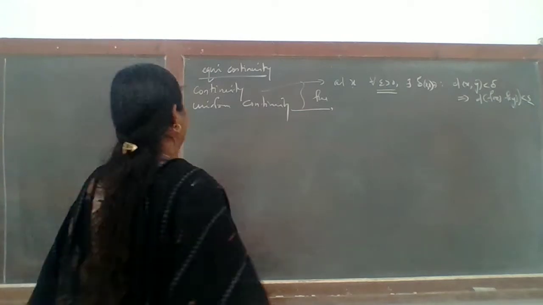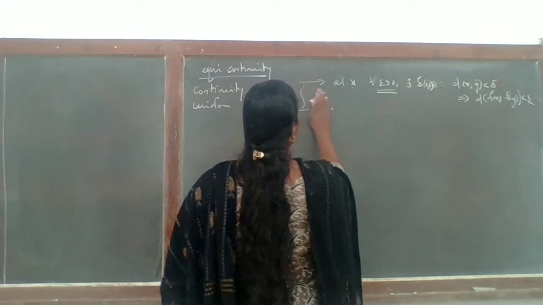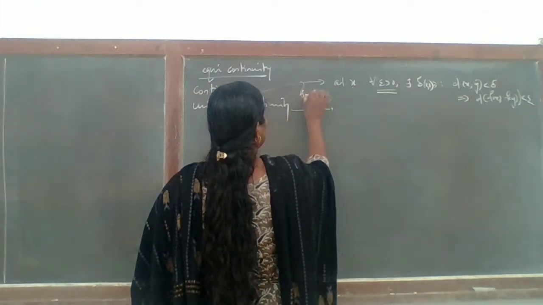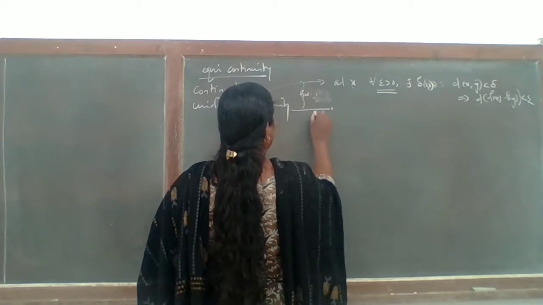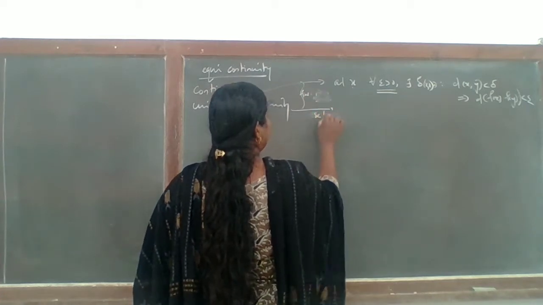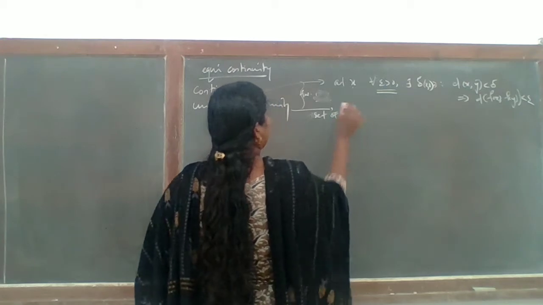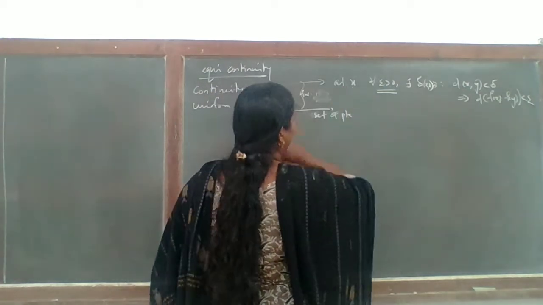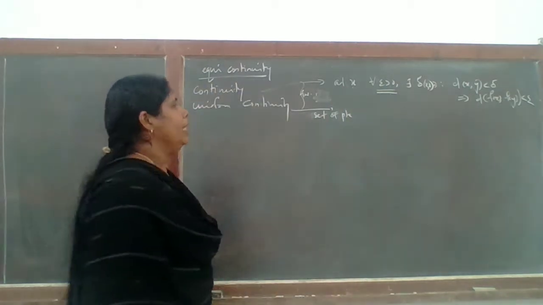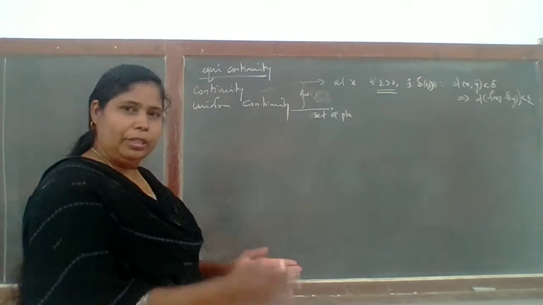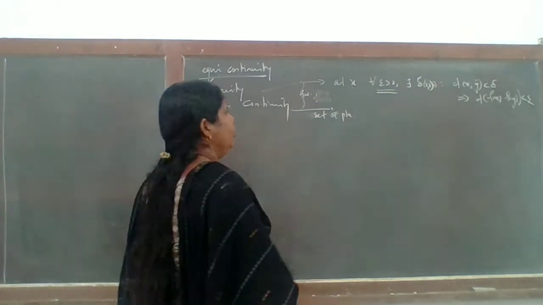Okay, this is at a single point, and uniform continuity is for a set of points, or on the domain itself.